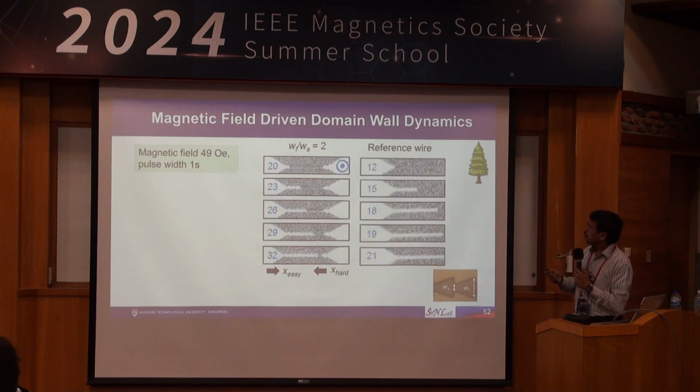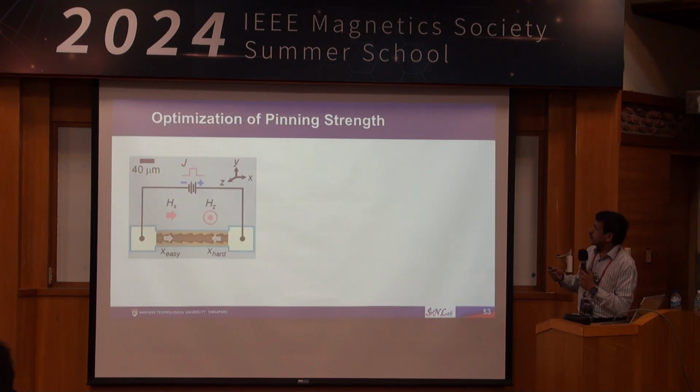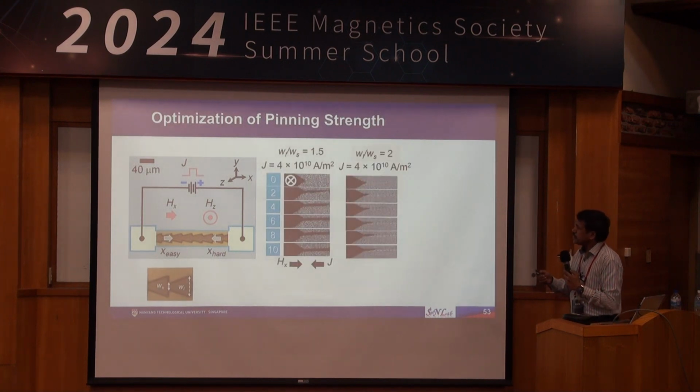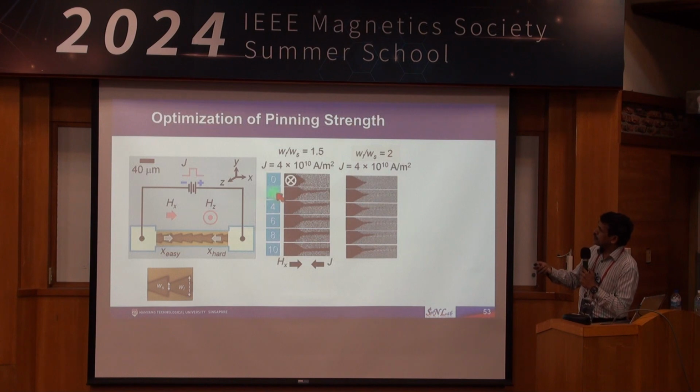We have also moved these domain walls by spin orbit torque. Here we apply current pulses to move them. For the devices with a smaller ratio, we need fewer pulses to move the domain wall from one side to the other side.